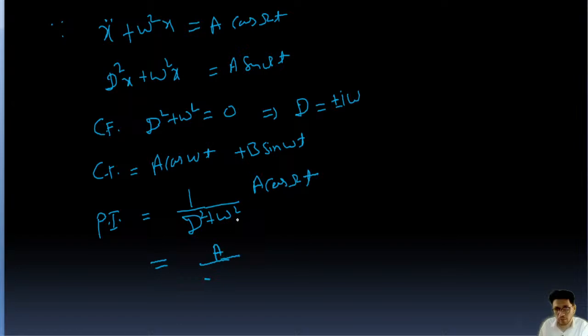Okay, how to find the particular integral. So this is going to be a upon minus capital omega square plus small omega square, and this is going to be cos capital omega t.